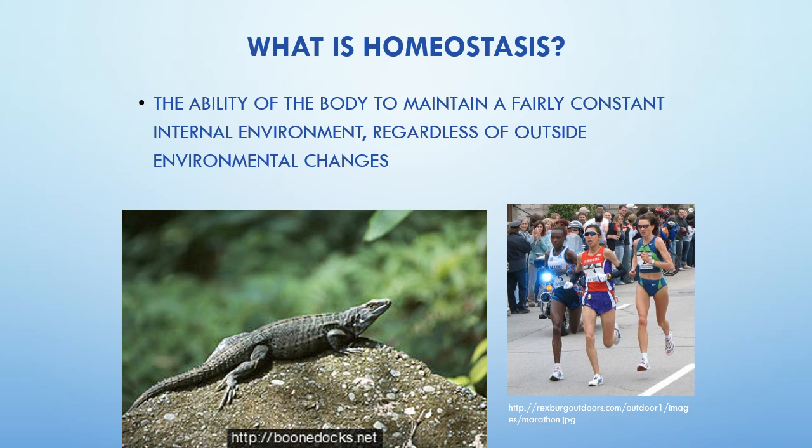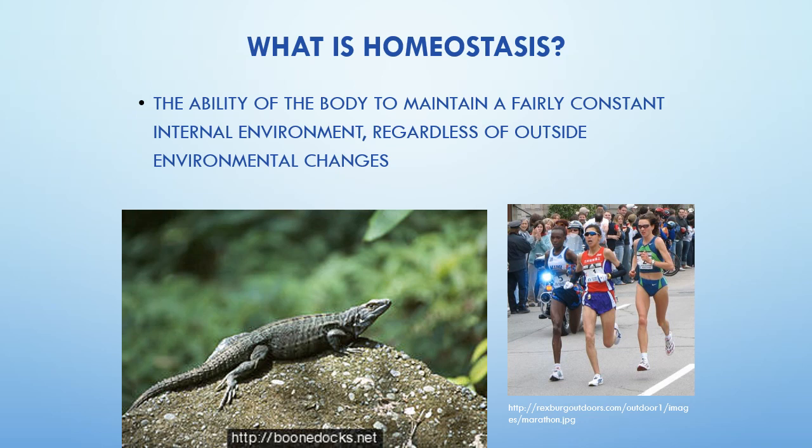And homeostasis in itself is the ability to maintain a constant internal environment regardless of what's going on the outside. And at the same time, it's also regardless of what's going on in the internal environment as well.